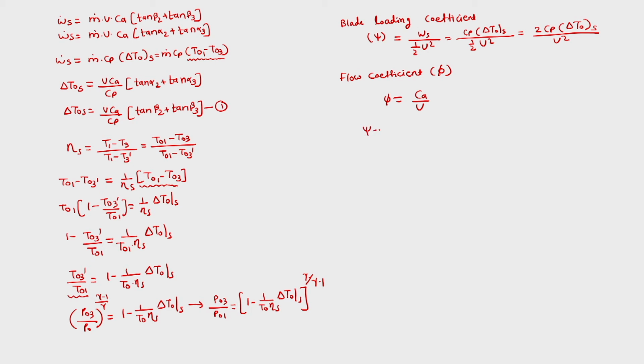So we can write our expression of psi as 2 Cp delta T0 stage, which is u into Ca divided by again Cp into tan of beta 2 plus tan of beta 3, and then this is divided by u square.